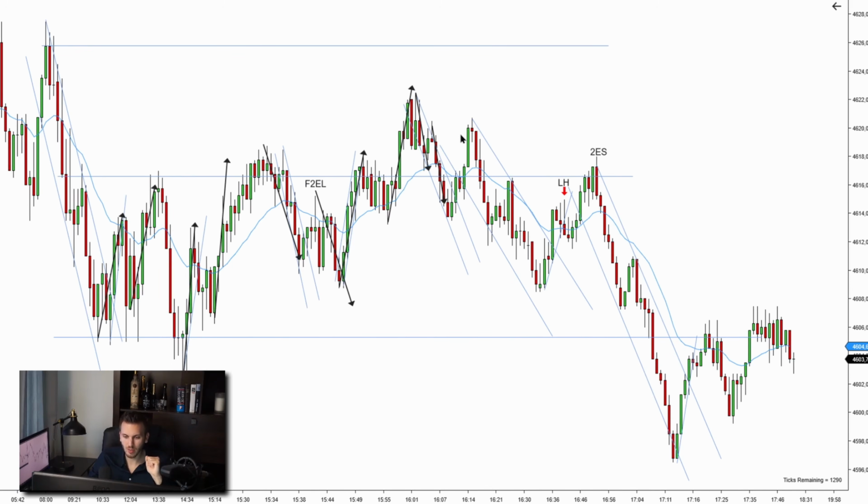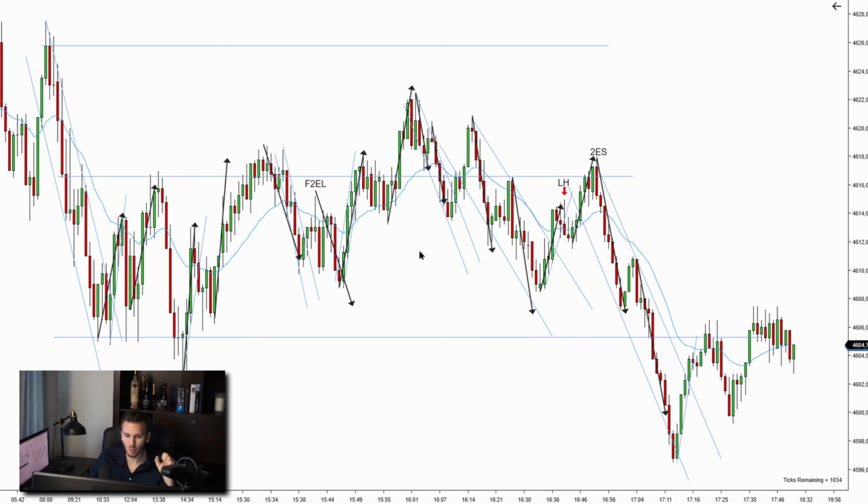So the only thing you can follow is the very shortened trend lines and the two-legged pullbacks. Also right here, first leg down, pullback, second leg down. We can see first leg down, pullback, second leg down. We overshot it a little bit. First leg up, pullback, second leg up.